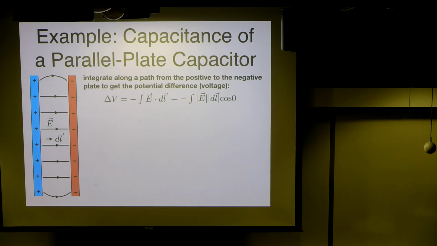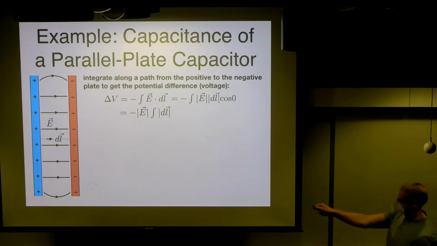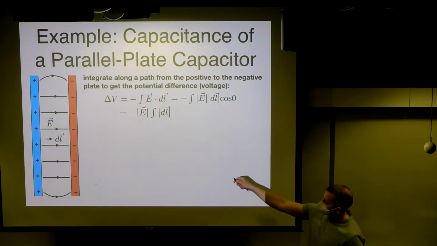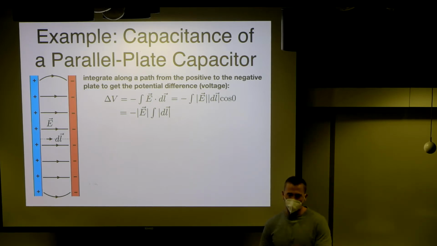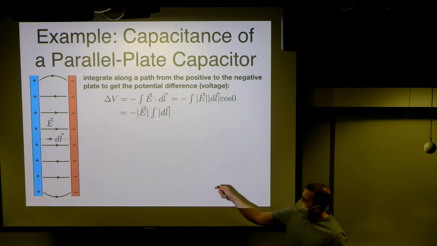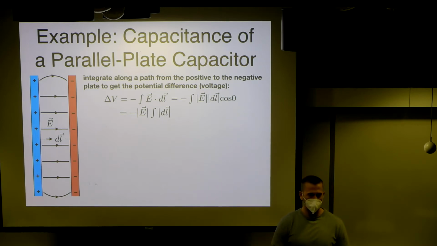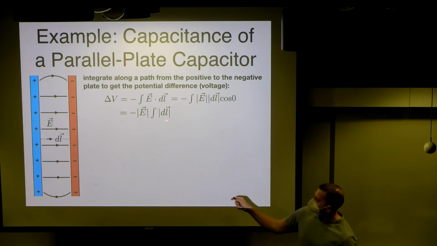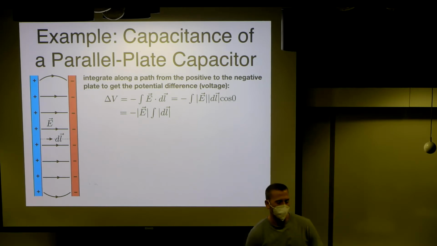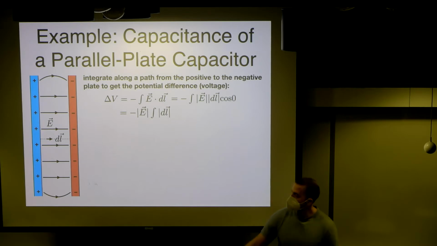The other thing we should notice is that the magnitude of the E field is going to be uniform as we go from one plate to the other. So we can pull the magnitude of E out of the integral, and then we just have the integral of dl. Let's be clear on what this means. We're simply adding up all of the tiny little displacements that we take going from one plate to the other.